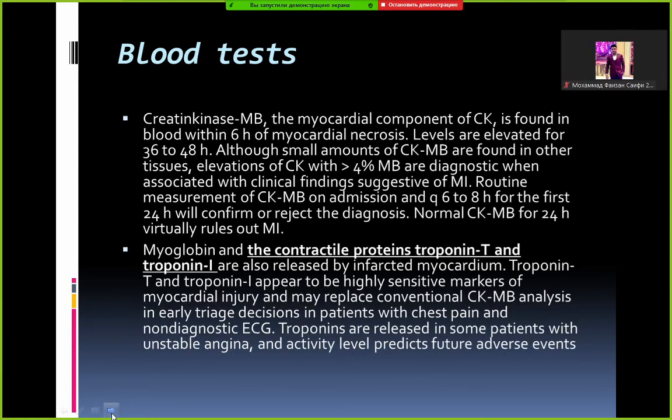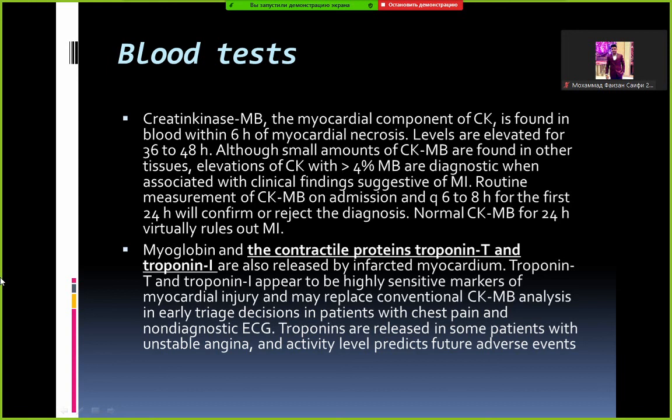But the most sensitive for myocardial necrosis is detecting of myoglobin and contractile proteins, troponin T and troponin I. They are released by infarcted myocardium.